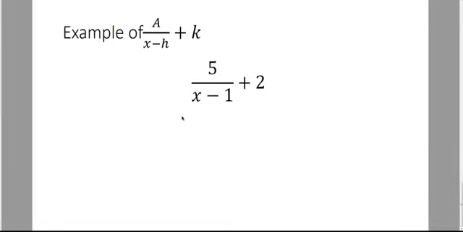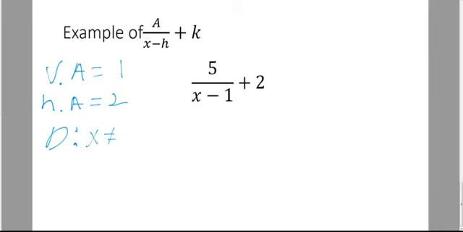Looking at this example, we have 5 over x minus 1 plus 2, and so our first thing will be to find our vertical asymptote, which will be at 1. Our horizontal asymptote is 0 plus 2, so that's 2. Our domain is x does not equal 1, because we can't divide by 0, and our range is y does not equal 2.